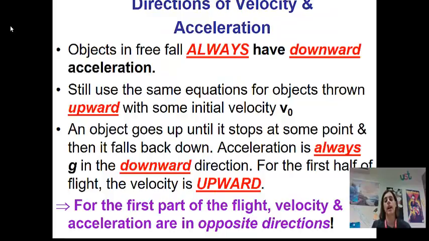Free fall. This is where you only have acceleration due to gravity acting on an object, okay? Even when you throw something upward, and this is so counterintuitive sometimes for people, but I'm throwing something upward, right? And as it leaves my hand, it's slowing down.